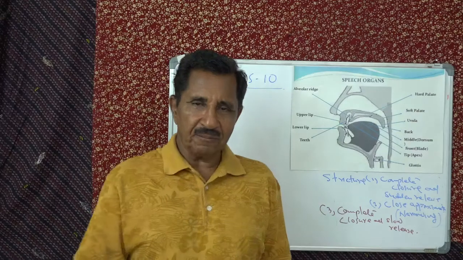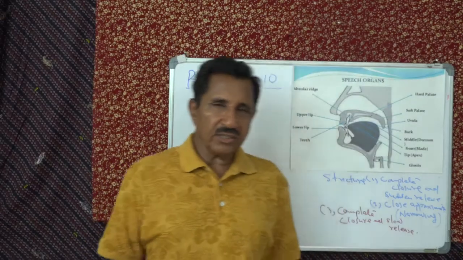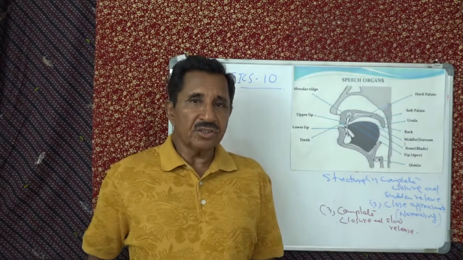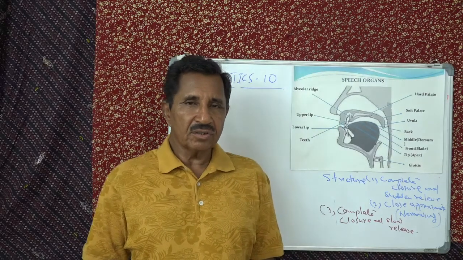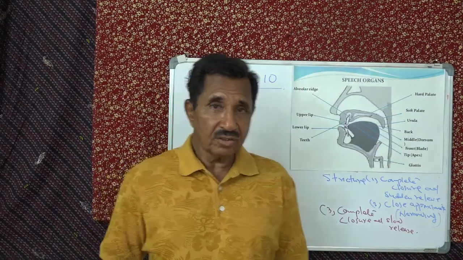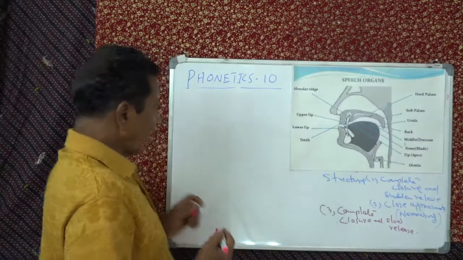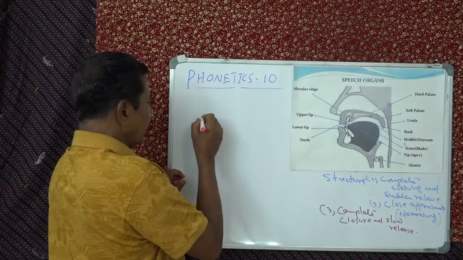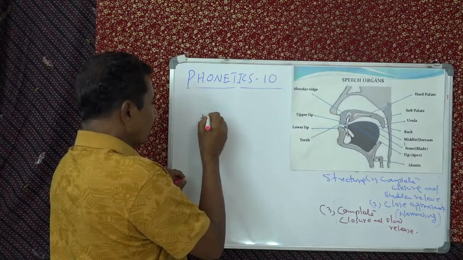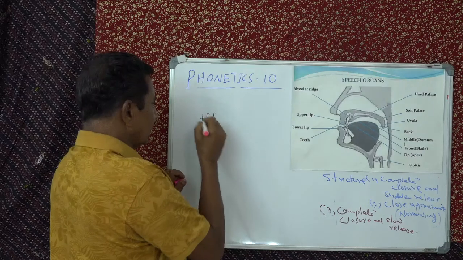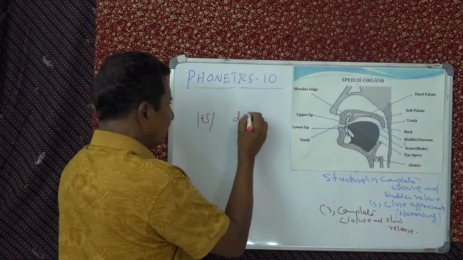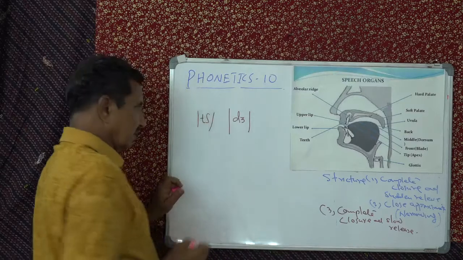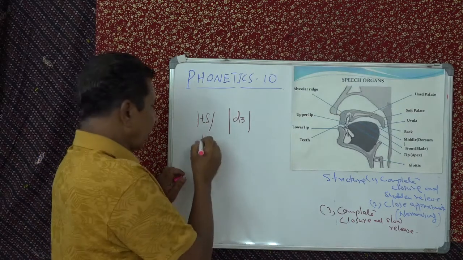This sound is the voiceless one, and the voiced counterpart, and you know how to write them. There are two members in this symbol. The first one is T and Sh, and the other is D and J. As you find here, chain.